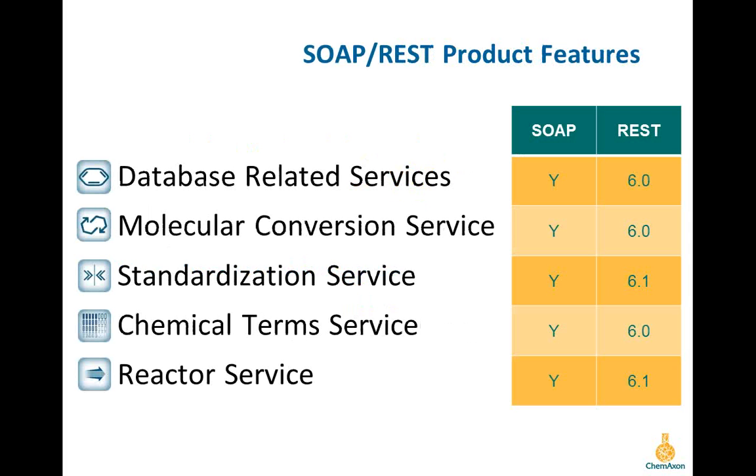The SOAP currently has more functionality, and we are catching up with the REST interface, as you can see from the version numbers. This 6.0 version will be released soon, I think within 1 month, and we have a 3-4 month release period when a new version appears. So 6.1 will definitely contain all the features.